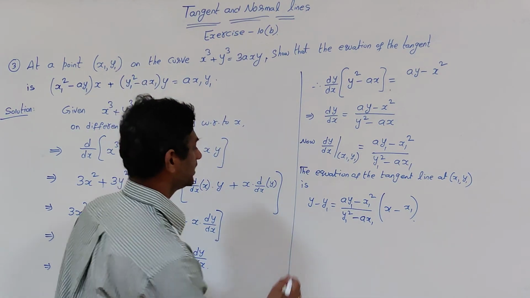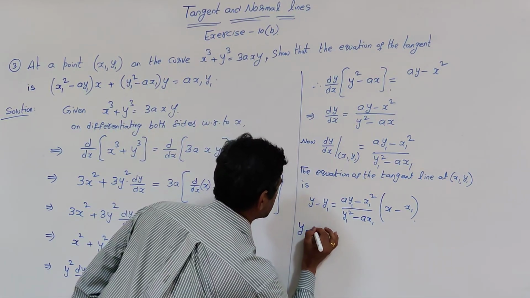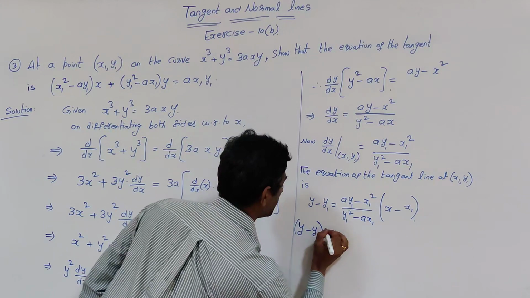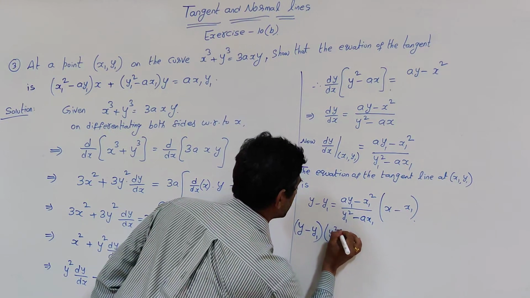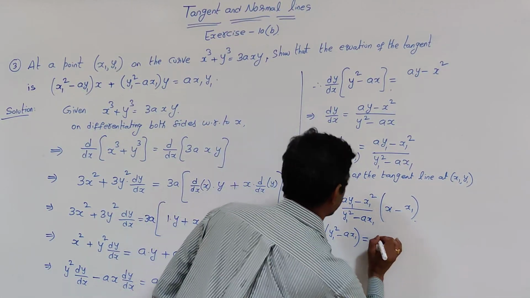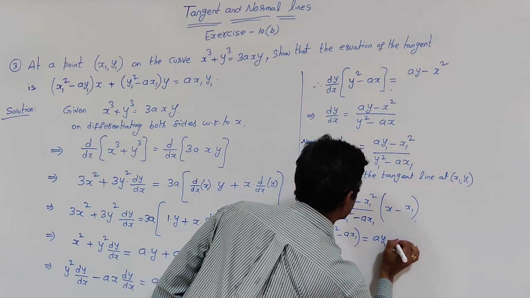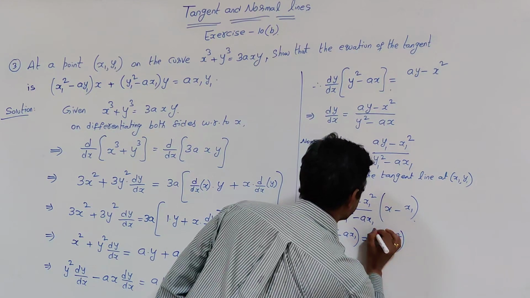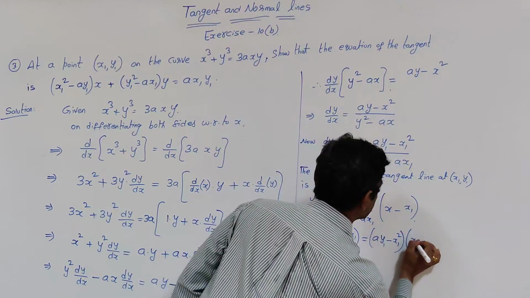Now take the cross multiplication: y minus y1 times y1 square minus ax1 is equal to ay1 minus x1 square times x minus x1.